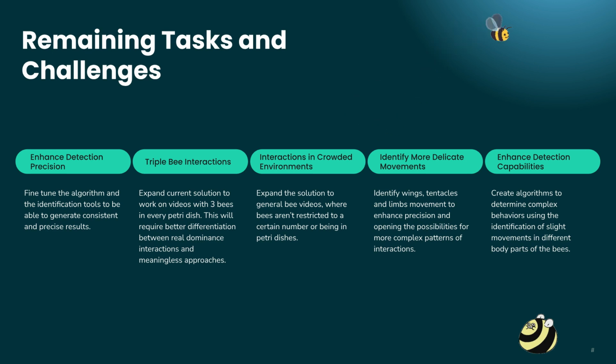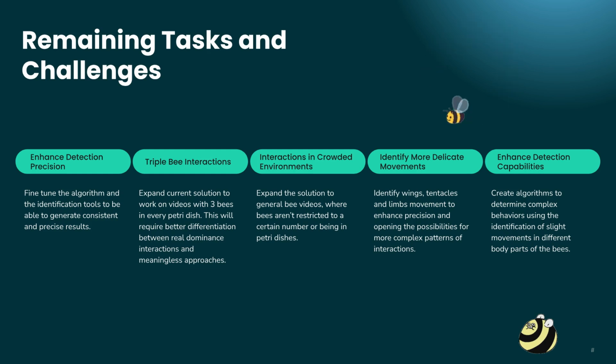And now for our remaining tasks and challenges. First, we want to improve detection precision and reduce false positives. We also want to support interactions with 3 bees and more crowded environments. This requires better differentiation between real dominance interactions and other approaches.